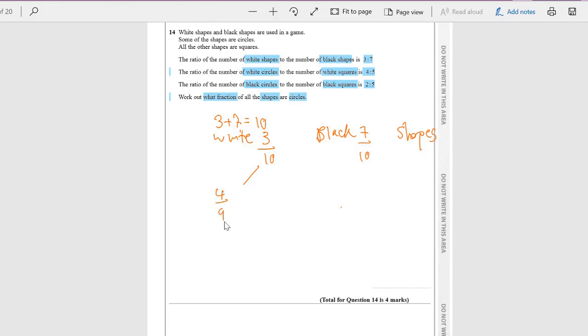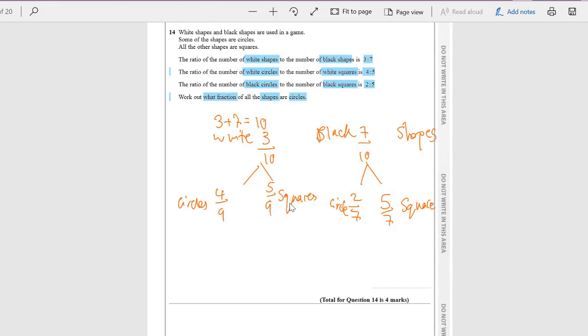So that means 4 over 9 is the circles and 5 over 9 is squares. And then here on the third line we have 2 to 5. So we have 2 over 7 for the circle and 5 over 7 for the square.